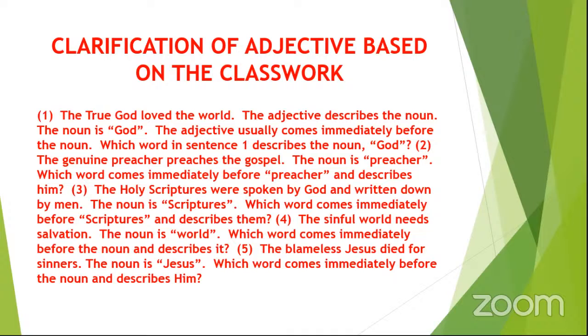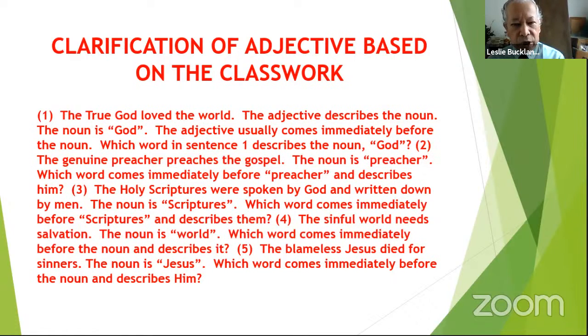Yes, sir. Which word in sentence number 1 describes the noun God? True, sir. Correct. True is the adjective, and it tells you what God is, that he is true, he is real. Number 2, the genuine preacher preaches the gospel.